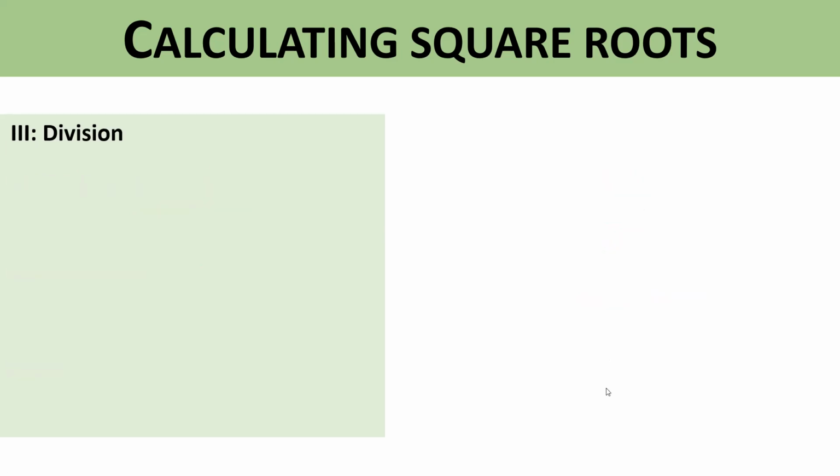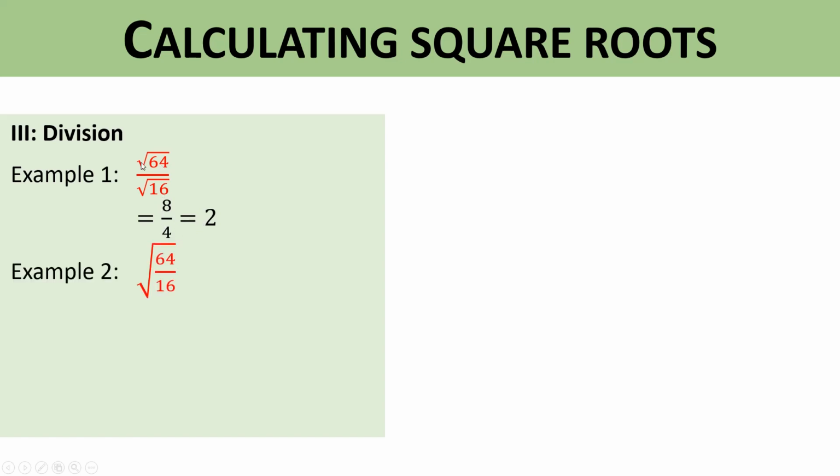Now, division is basically just the inverse of multiplication, so it works basically in the same way as multiplication. So what do we get here? If we take the square root of 64 divided by the square root of 16, well, we can calculate these separately. Square root of 64 is 8, square root of 16 is 4, so this turns out to be 8 divided by 4. 8 divided by 4 is 2.